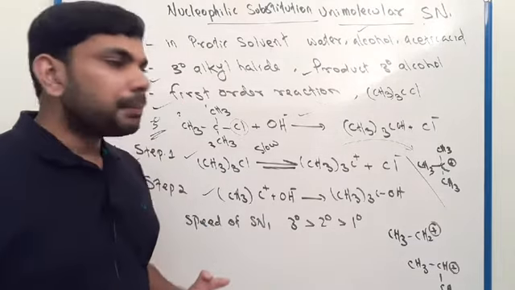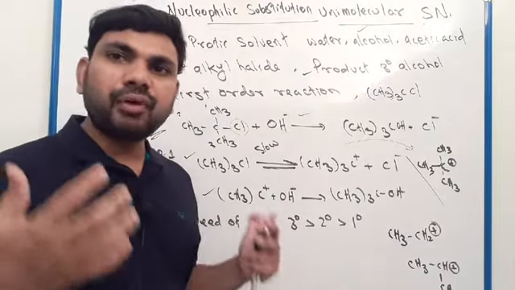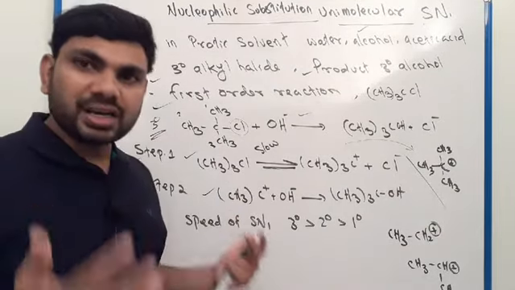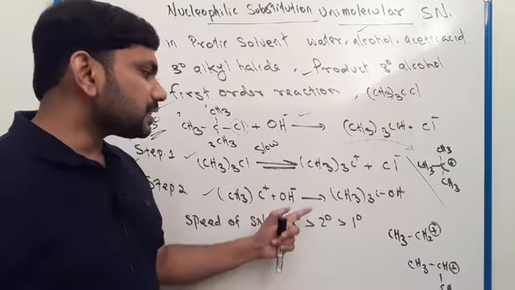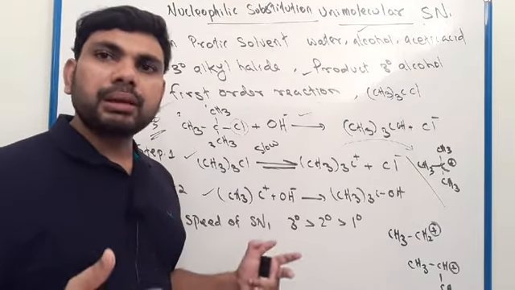Why is this so? Because the tertiary carbocation is more stable and forms faster. That's why this chemical reaction takes place faster. But for the other two, secondary and primary, the reaction will be slow.